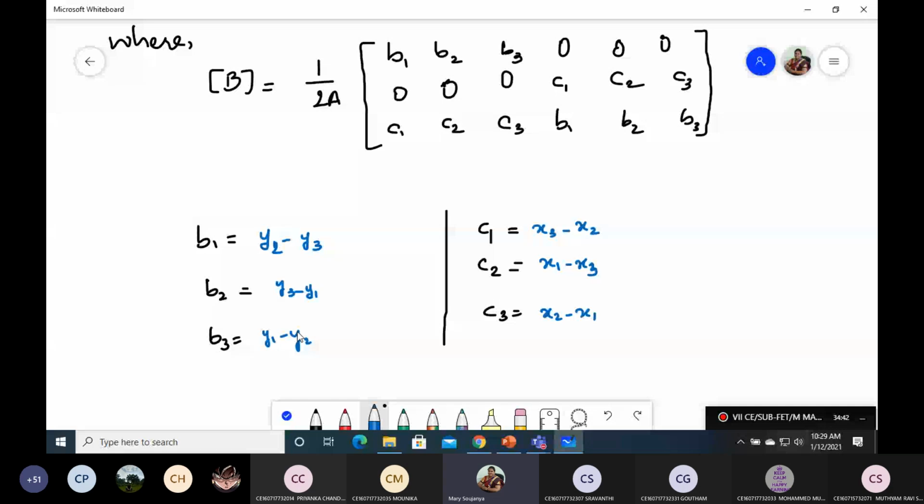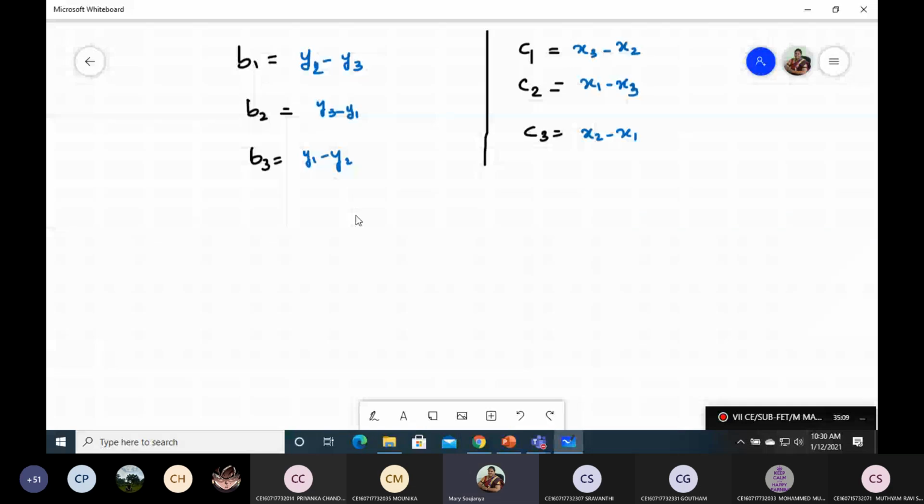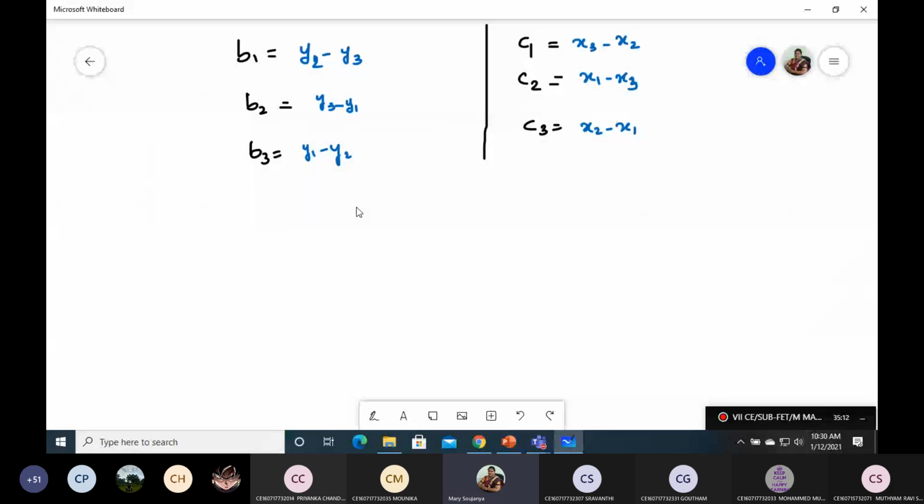For the C, when it is C1, you will not get the term 1 in the x, but it is going to be x3 minus x1, not x2 minus x3. That is how the cycle goes. Please note it down and give me a yes once you're done.